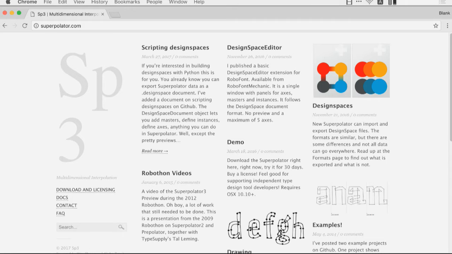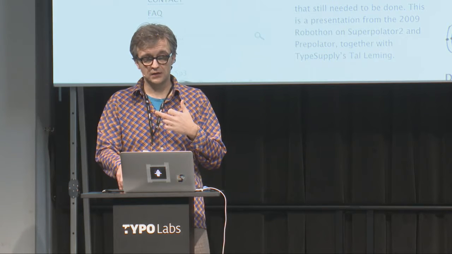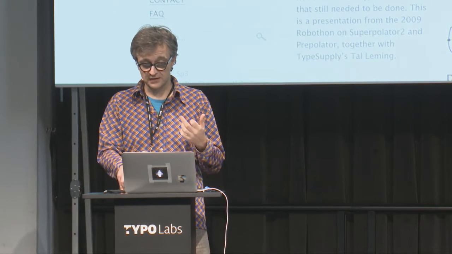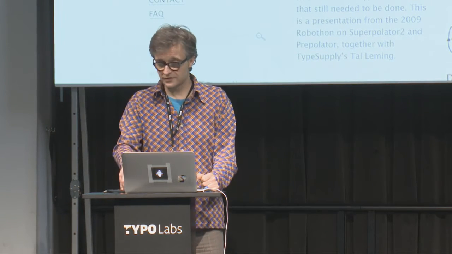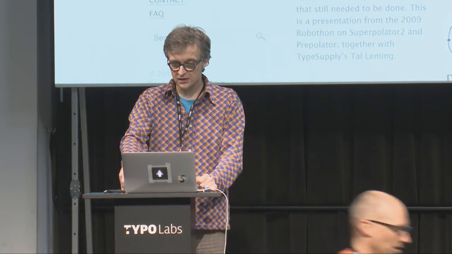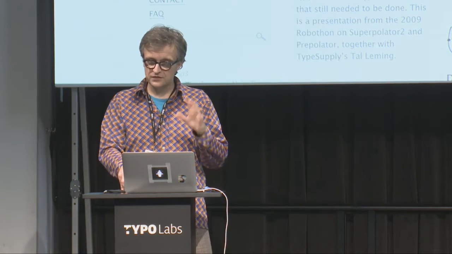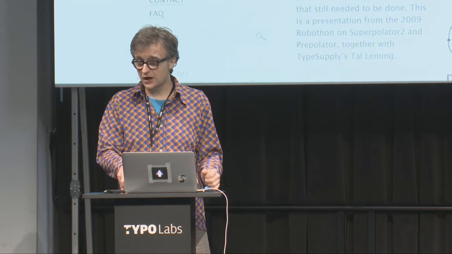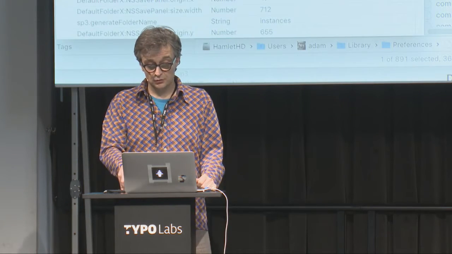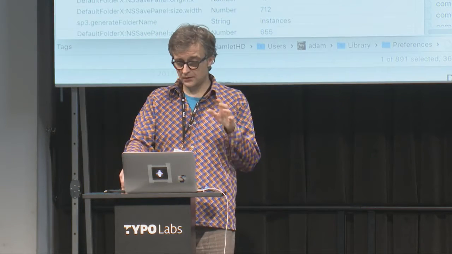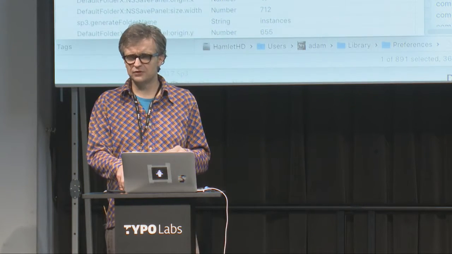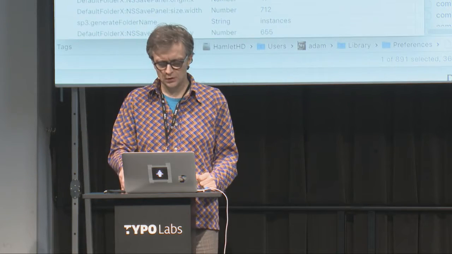So now there's Superpolator, and I want to look at how to specify the design space. I know there are going to be more detailed talks about design spaces, but I've tried to figure out how it works now. First of all, I've used a fairly recent build from, I don't know, a week ago.